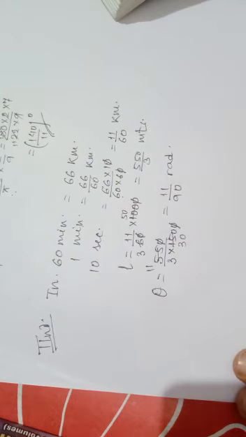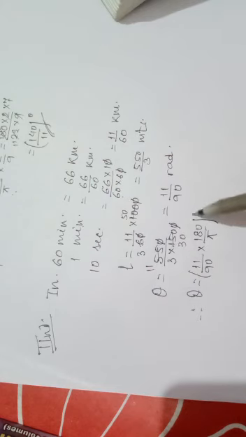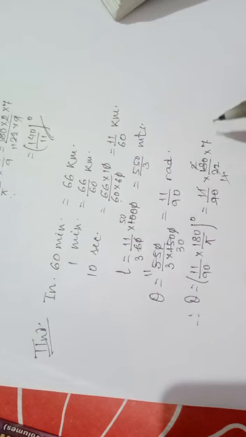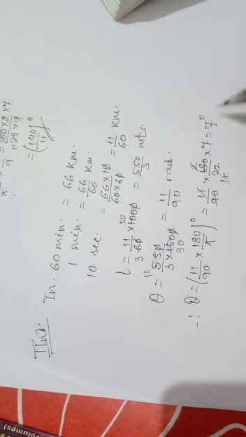Convert it into degree. Therefore theta is equal to 11 by 90 into 180 by pi degree. Write down the value of pi. 11 by 90 into 180 upon 22 by 7. Now cancel 2, 11 and 11 should cancel. So 7 degree is your result.